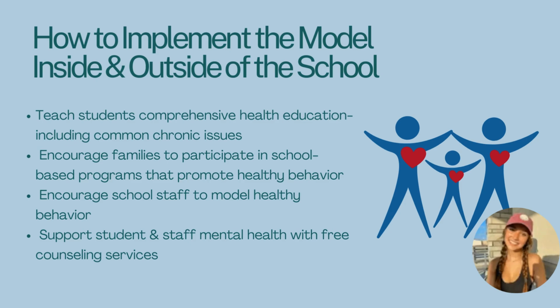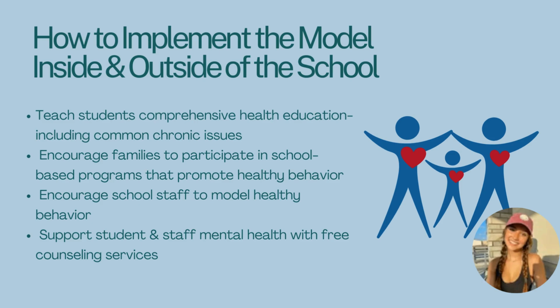There is a multitude of ways that you can implement this model inside and outside of your school. Here are just a few ideas to help get started. So, for one, you can teach students comprehensive health education, including common chronic issues such as obesity, avoiding obesity, eating healthy, avoiding drugs, smoking, vaping, all of those things.